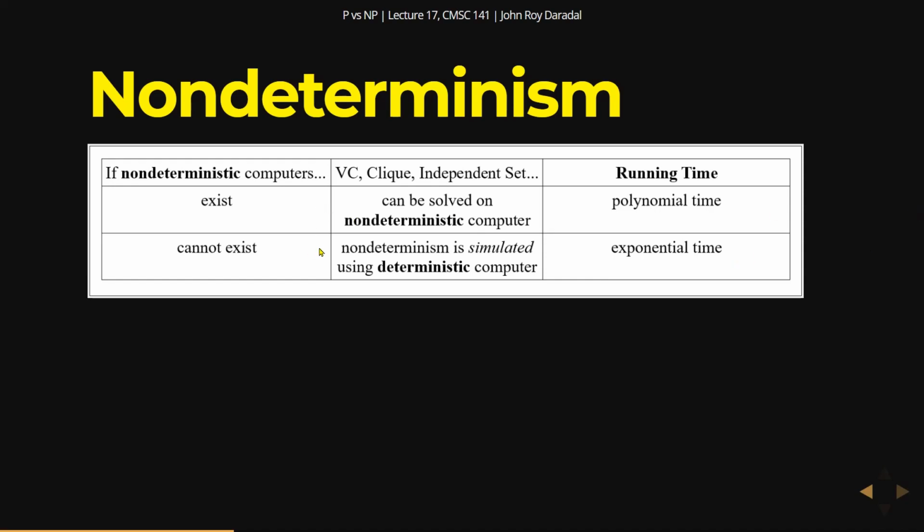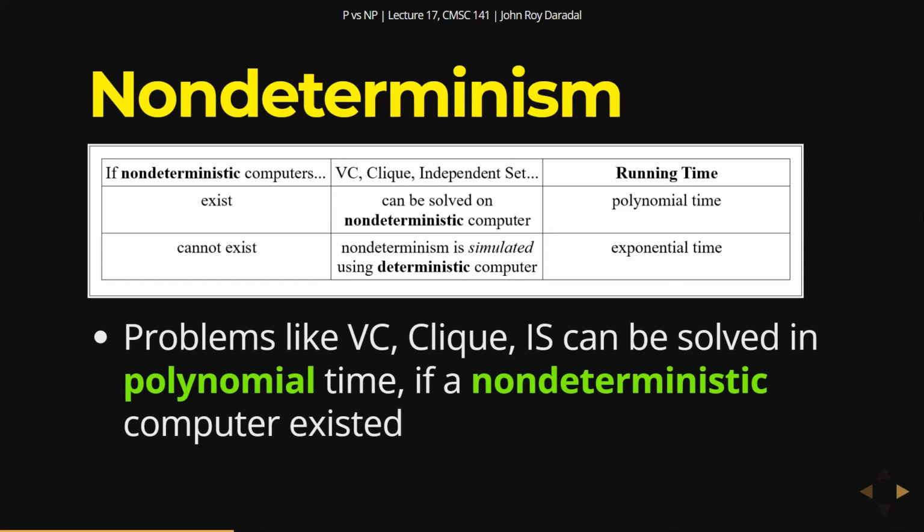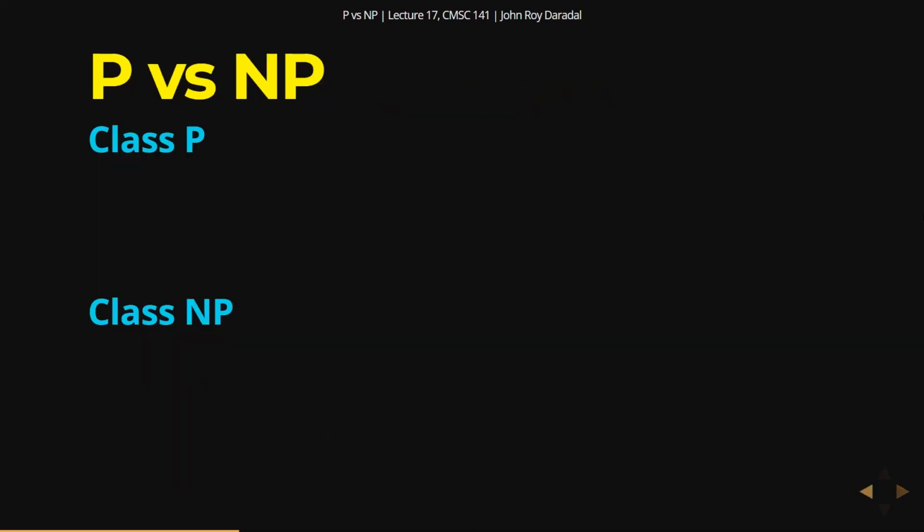Okay, so these are the two possibilities. If non-deterministic computers exist, it can run in polynomial time, but if they cannot exist, then we can only simulate it and it will take exponential time.